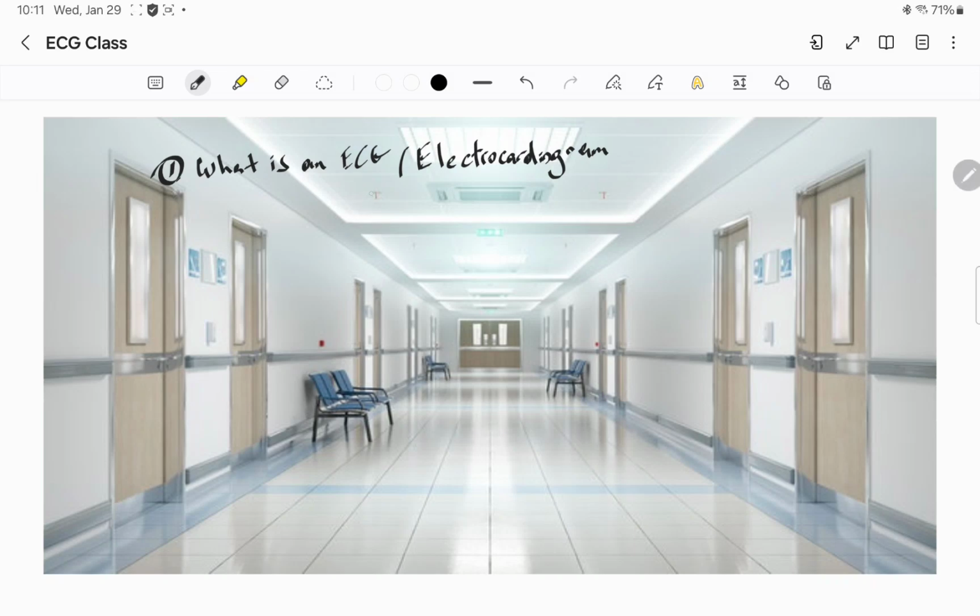All right. So graph of heart. All right. And this electrical activity is illustrated as voltage, but really millivolts over time.